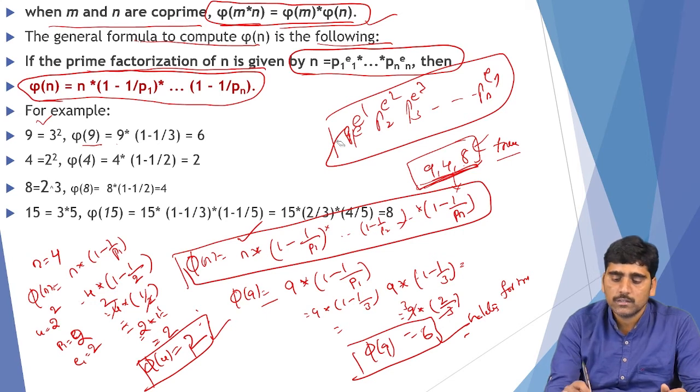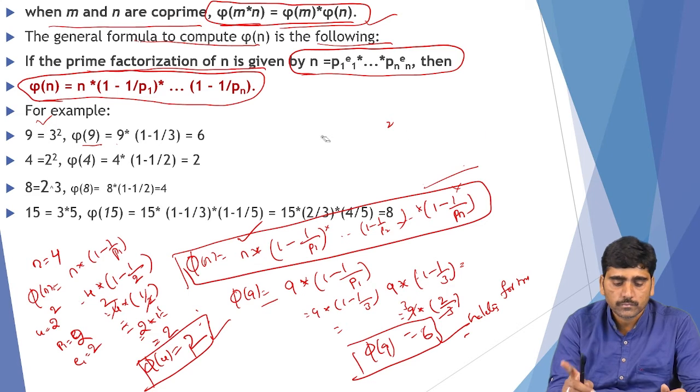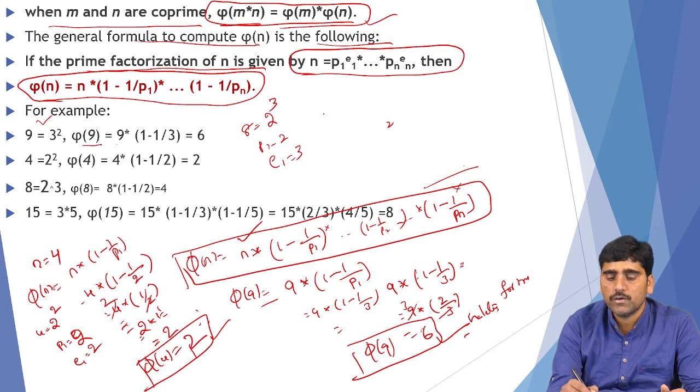Again, you can see here 8. 8 you can write as 2 power 3. So here p1 value is 2 and e1 value is 3. Substituting these values into the formula, phi of 8 equals 8 into 1 minus 1 by p1, and p1 is 2.